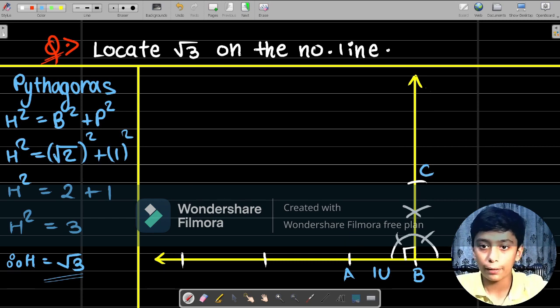Okay, or let me just erase this one and this one, and I am naming it as O and this as B. Okay, so this point is A, this point is O, and this point is B. Now I am going to join these two with, let's say, a white line, or a blue line is good.